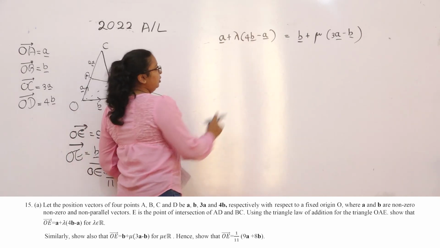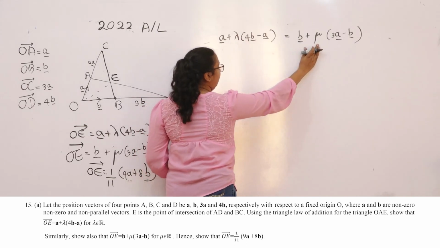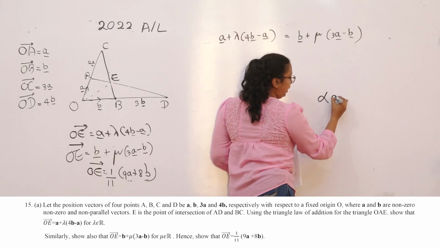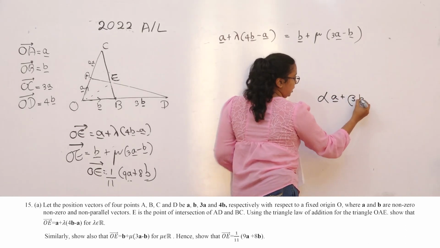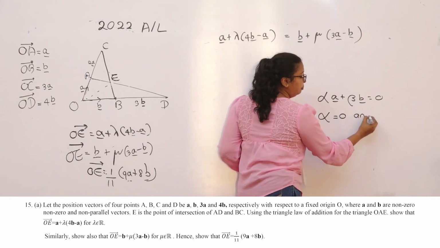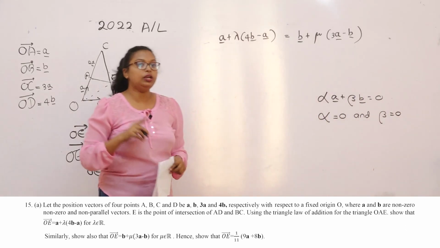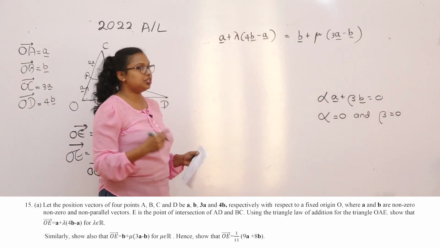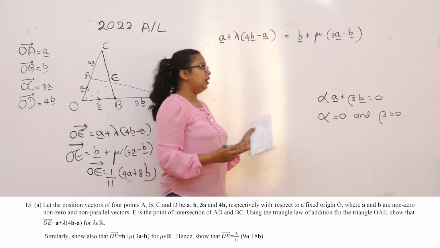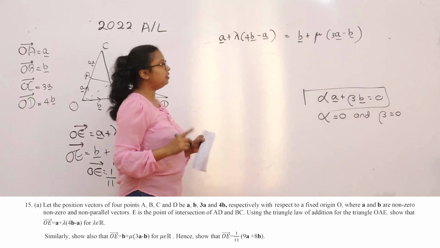Right? Now, here we have two scalar terms, lambda and mu. As you all know, we learned the theorem that if alpha A plus beta B equals 0, then we can get alpha equals 0 and beta equals 0 if A and B are non-zero, non-parallel vectors. In our question, they have mentioned that A and B are non-zero, non-parallel vectors, so we can apply it. Now, we have to get this format. You just observe how I am going to get it.